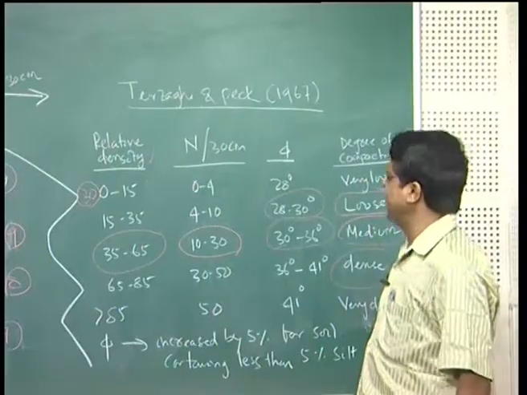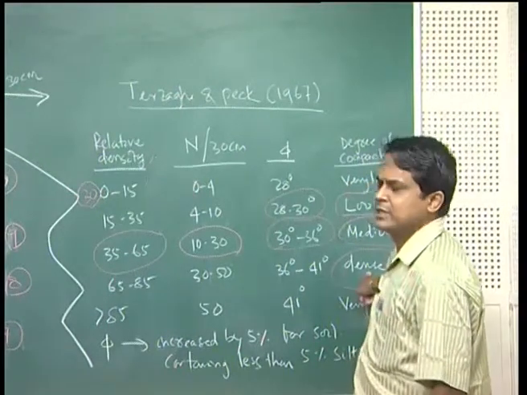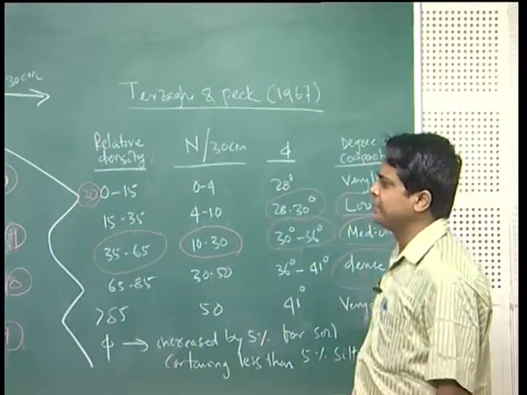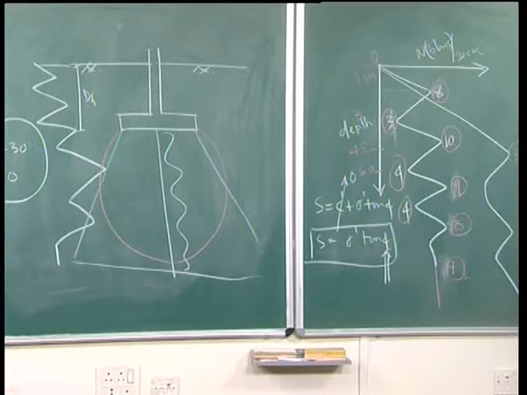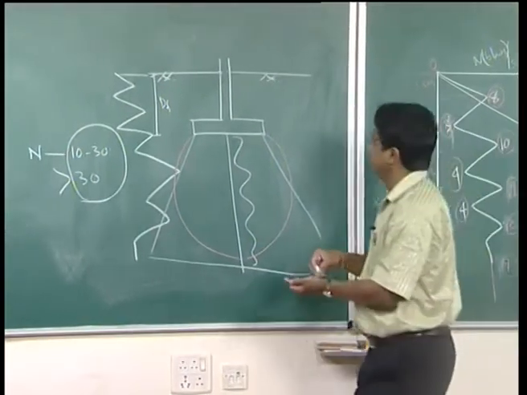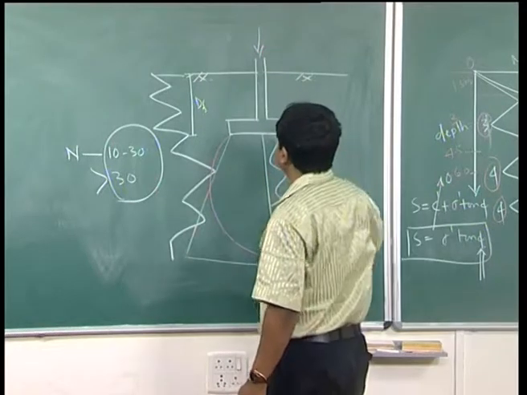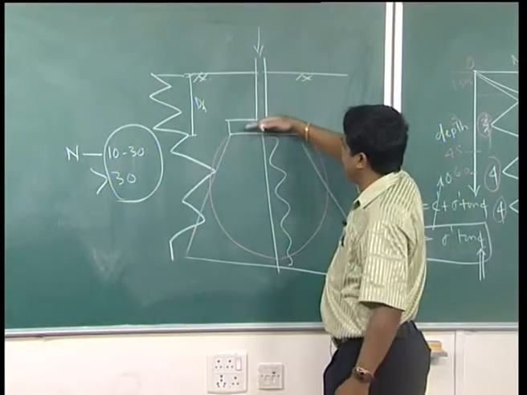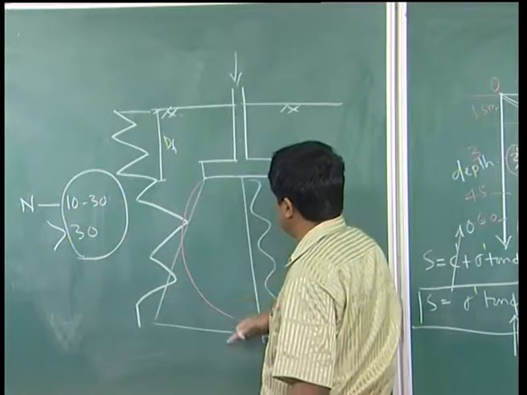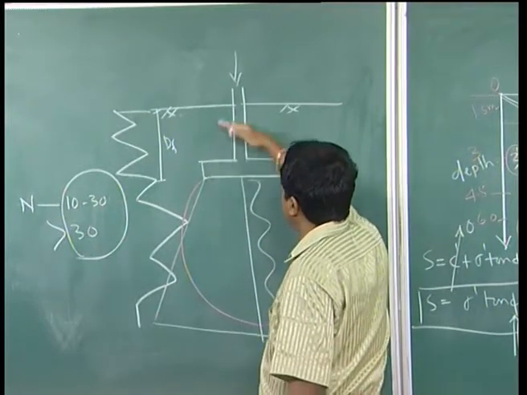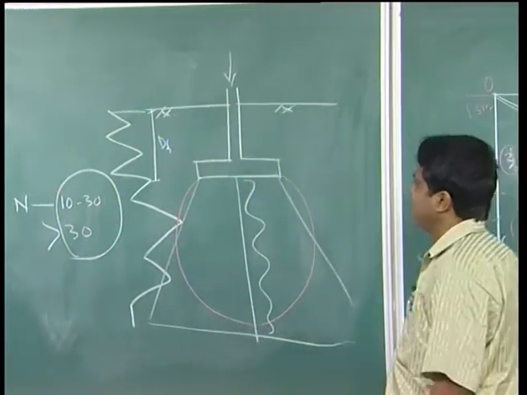If it is more than 30, it says it is a dense condition. That means the soil strata is very hard or medium. Whatever pressure intensity is coming on the footing, if I place it in such a way that below the footing the soil strata is very hard or medium, it can easily carry the load.